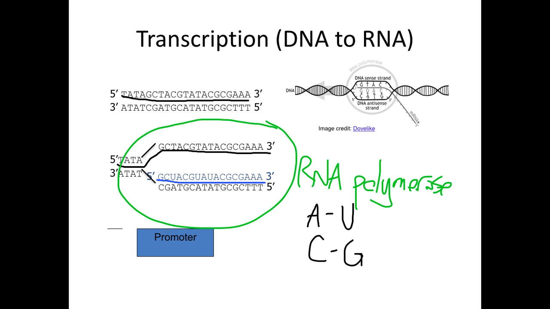A with U. C with G. So wherever there is a C in the DNA, there is a G in the RNA, and vice versa. Wherever there's an A in the DNA, there's a U in the RNA, and so on and so forth.